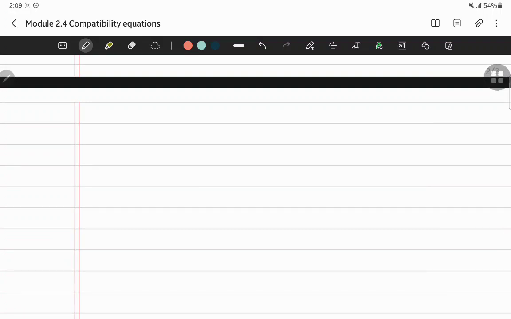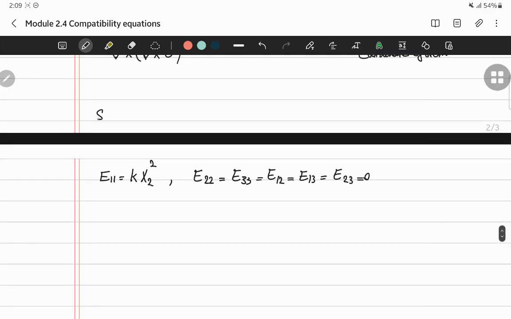To give you an idea of how this works, the book gave us an example. It said that suppose you had a solution and you got such a displacement field. These strain components are E11 equal to kx2 squared, and the rest are 0.